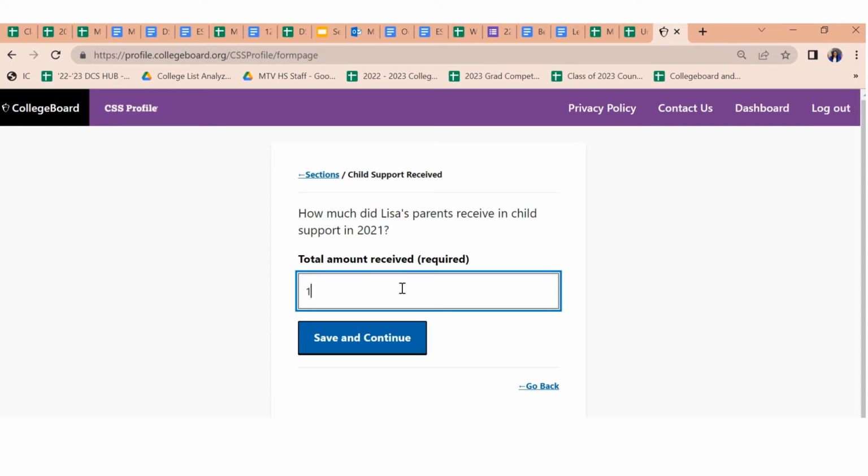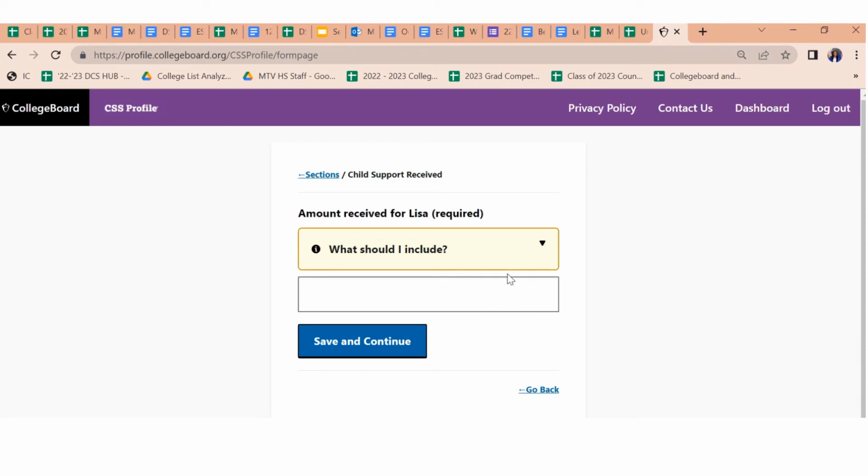So you can go ahead and enter whatever that amount may be. Again, this is child support that you receive. And then this is asking how much of that was for your student, for the student going to college. And if all of it was for that student, you would enter the whole amount. If half of it was for that student, you would enter that amount.